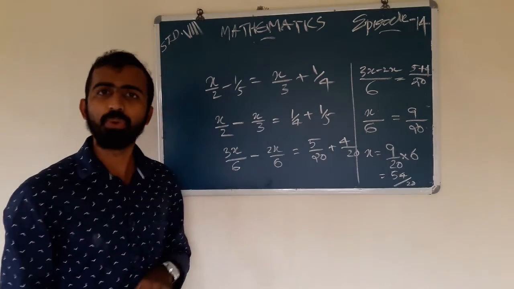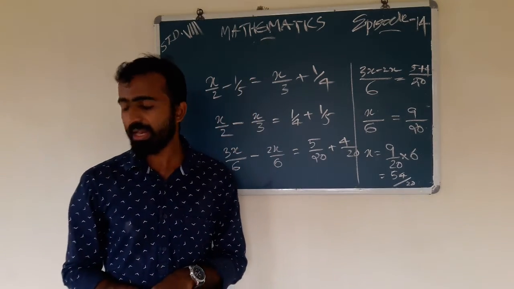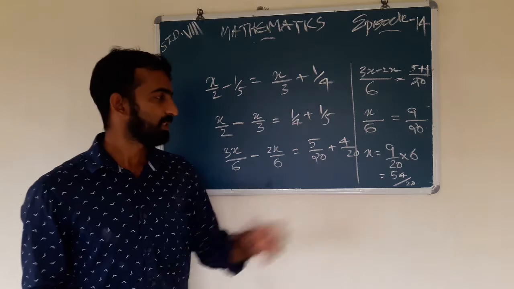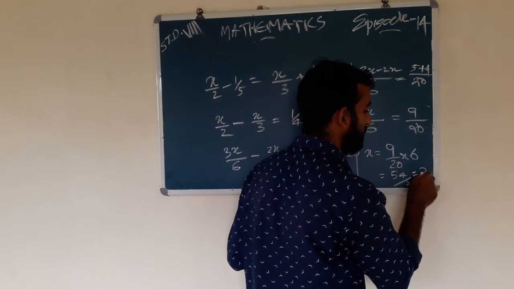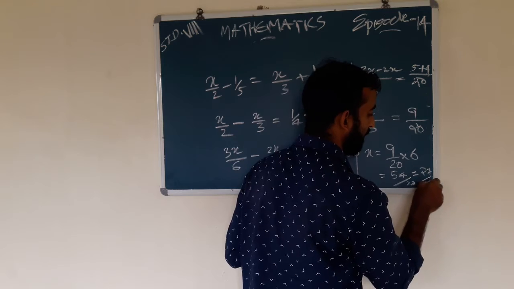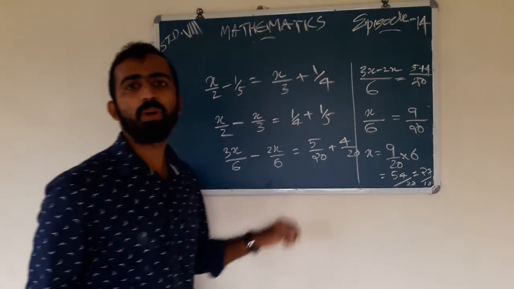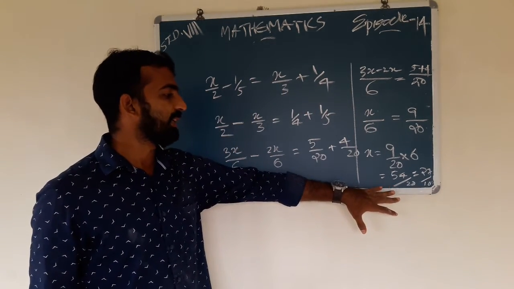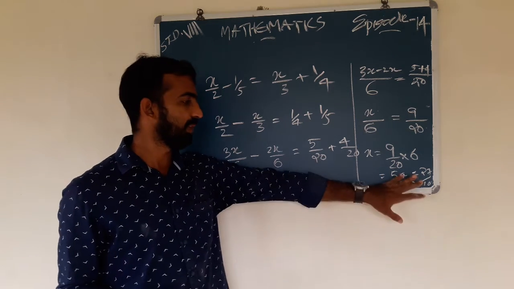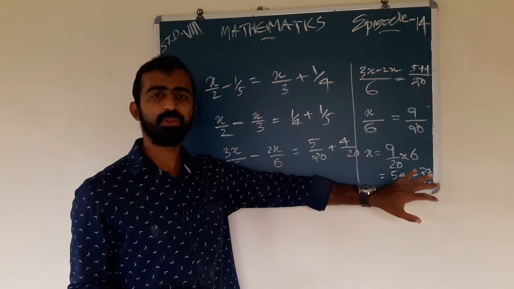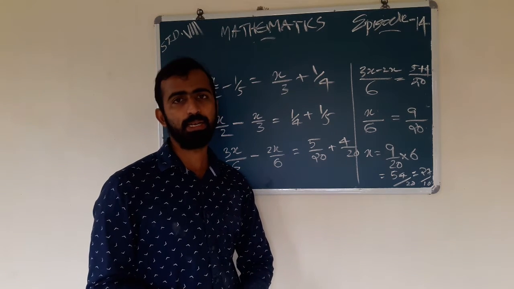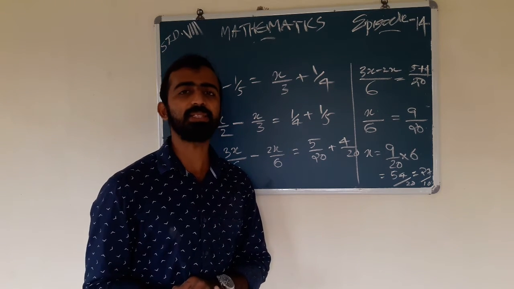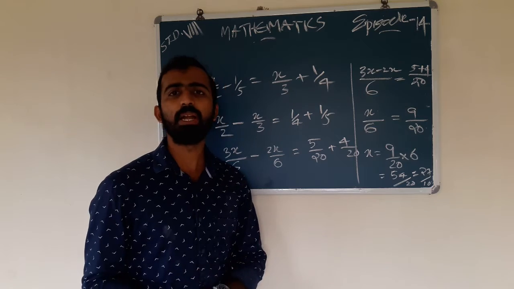And also we can simplify it: 54 by 20 means 27 by 10. We simplified with the common factor 2, and we get 27 by 10. That is, the value of x is 27 by 10.